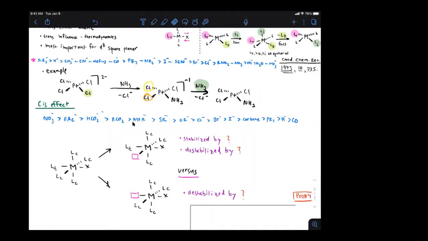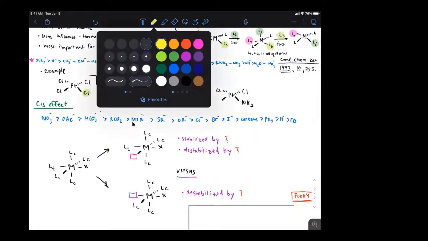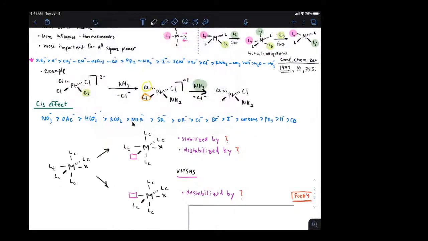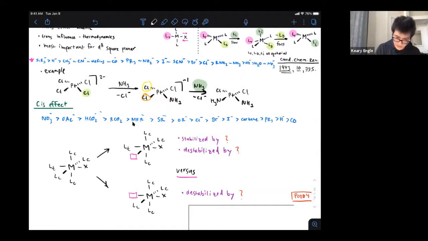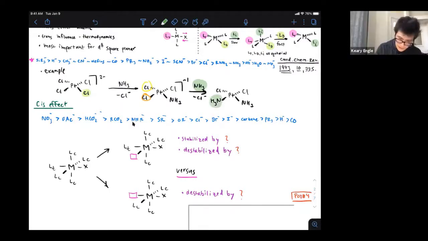The orange chloride. Okay. And the name of the product is? Cisplatin. Cisplatin. Okay, great.